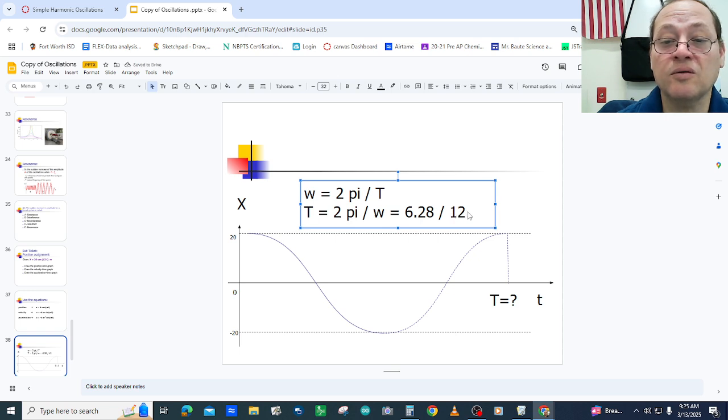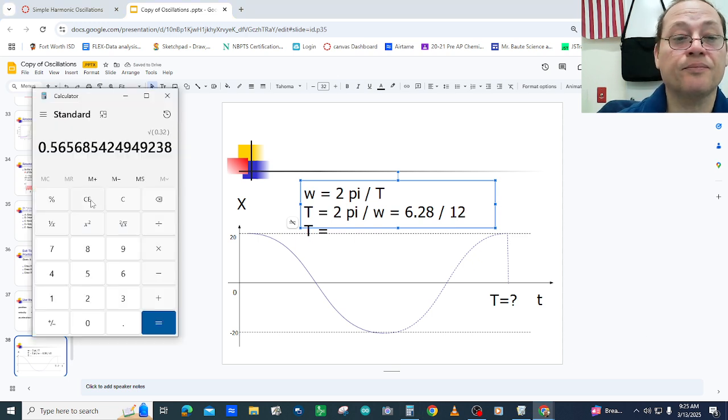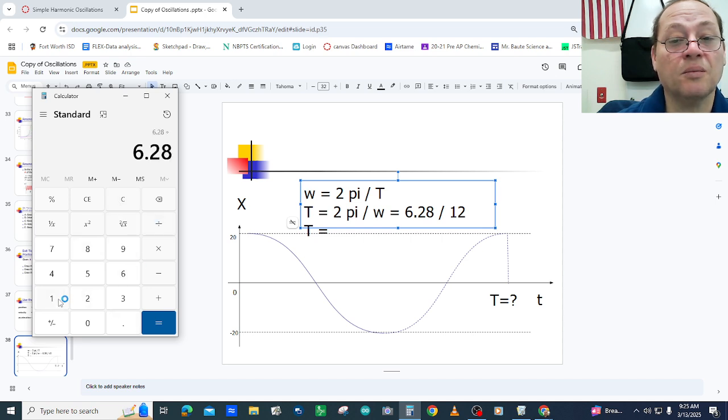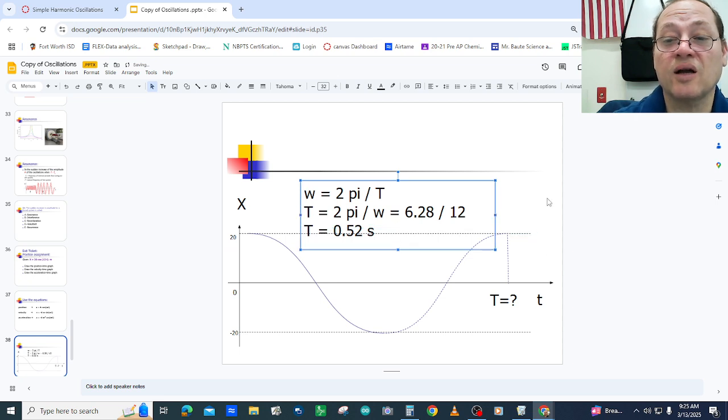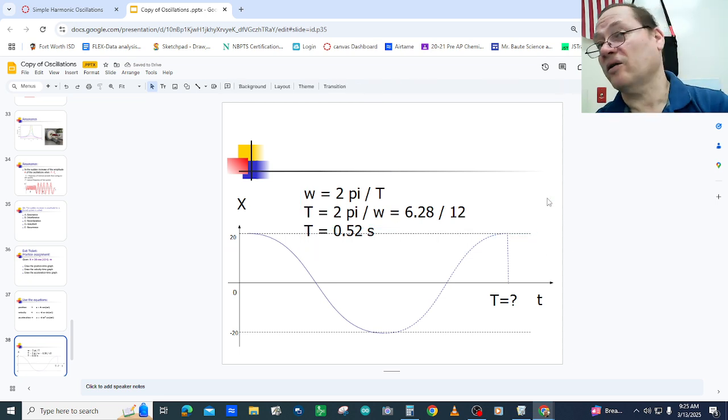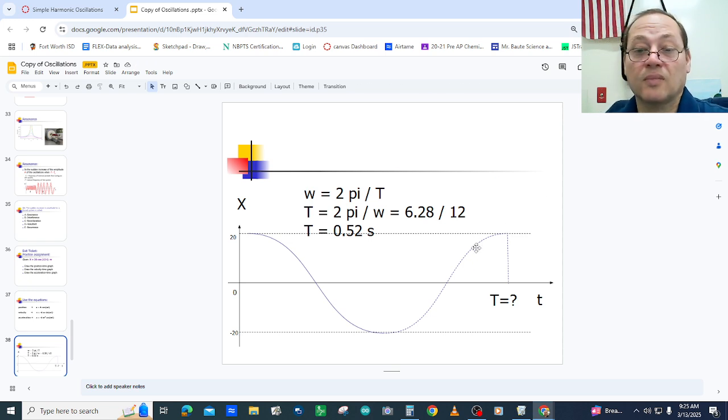That's the math you need to do to find the period. So how much is the period? Let's pull out the calculator. 6.28 divided by 12, 0.523. So this is 0.52 seconds. Let's round it to that. So that's how you get the period from the angular frequency.